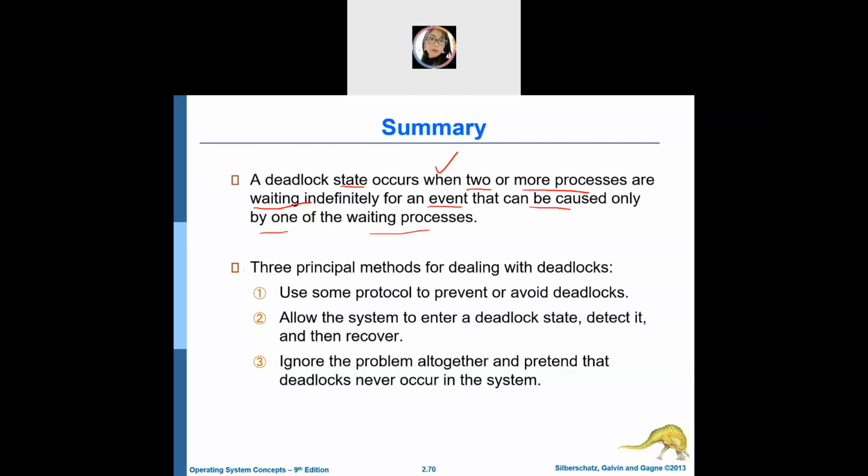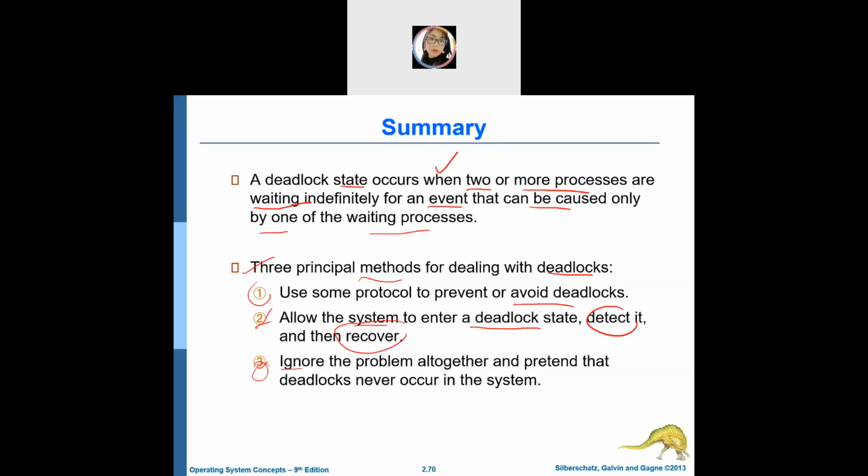So there are three principal methods for dealing with deadlock. First, use some protocol to prevent or avoid deadlock. Second, allow the system to enter deadlock and then you try to detect it. After you detect, of course, you need to recover. Lastly, which we also already bumped into last time, is to just ignore it.